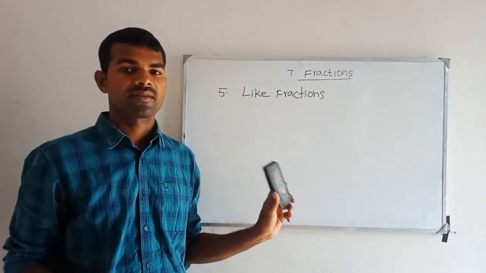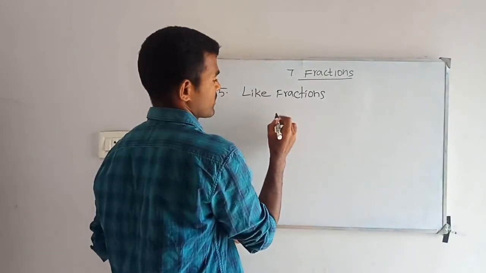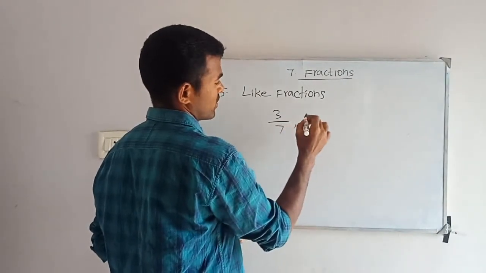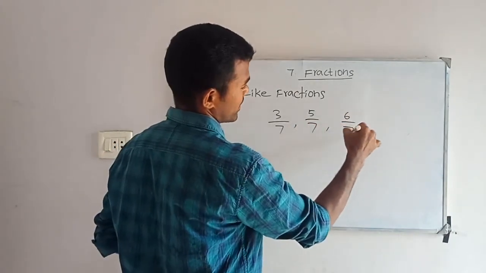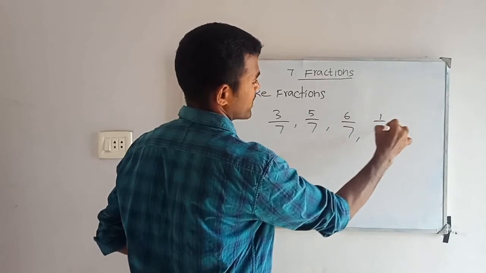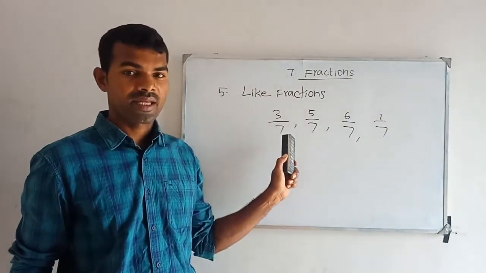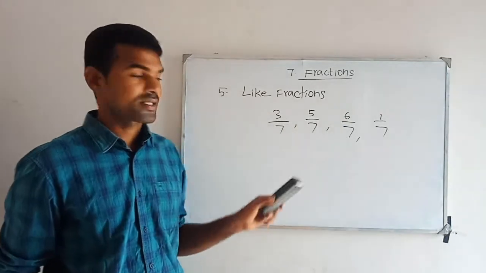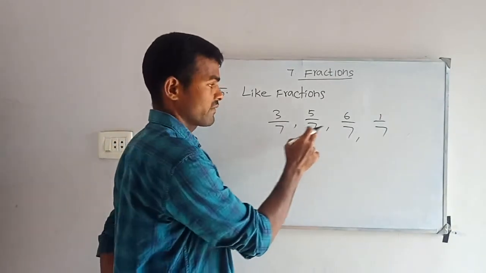See 3 by 7, 5 by 7, 6 by 7, 1 by 7. If the denominator is the same, that is a like fraction. All the denominators are 7, 7, 7, 7.